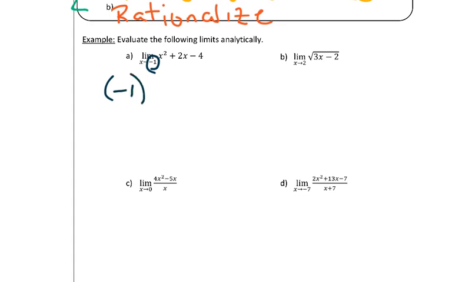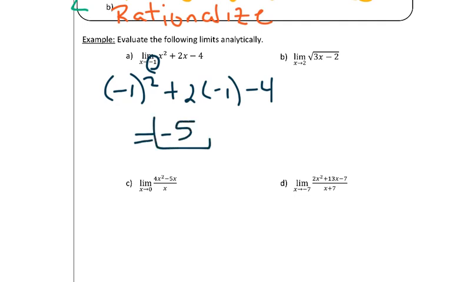So I'm going to see, if I plug in -1, do I get a value? In this case, -1 squared is 1, -2, -4, so I get -5. Great, works. I got a value.